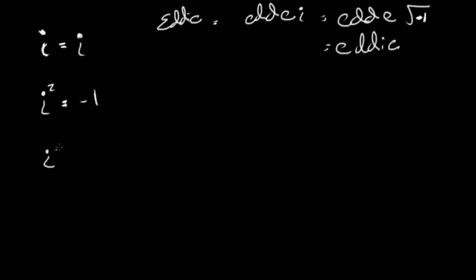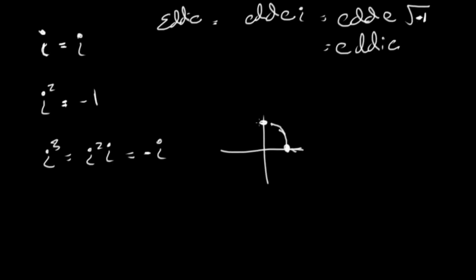i cubed, well, let's go ahead and split this up. Let's do a little bit of expansion. i squared is negative 1, so this is going to be negative i. So i cubed has the same function as negative i. Well, is that true? Multiplying by i 3 times, so I'm going to put a point there.